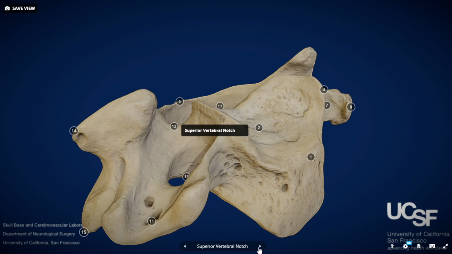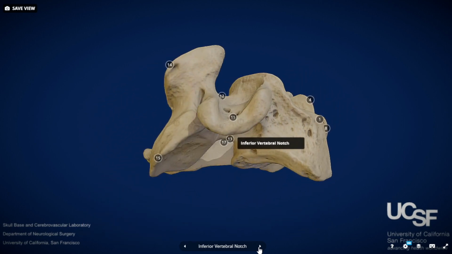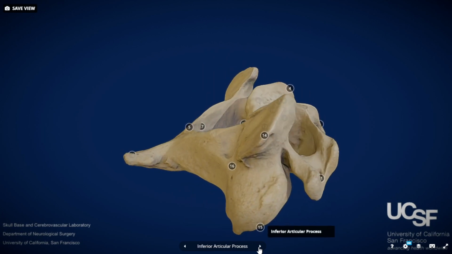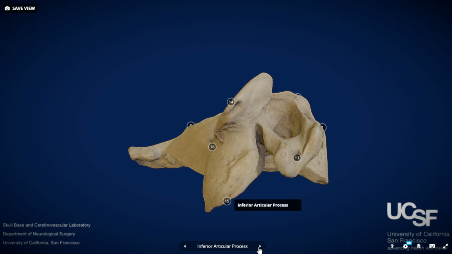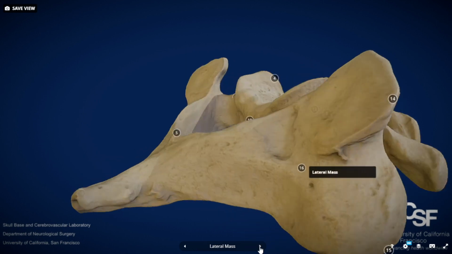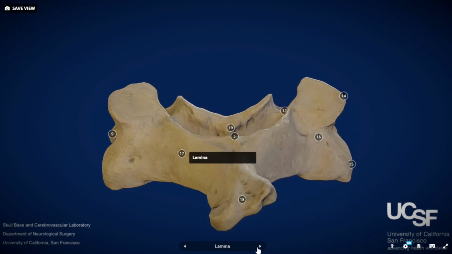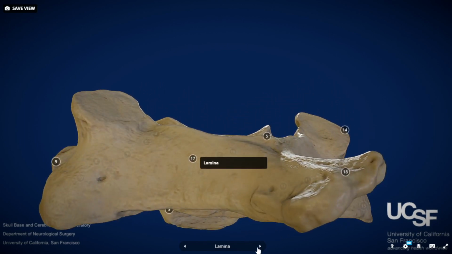Superior to the pedicle, we can identify the superior vertebral notch. Inferiorly, the inferior vertebral notch. Posterior to the pedicle, we see the superior articular process and the inferior articular process, both running from inferior and posterior to anterior and superior. In between these articular processes, there's a mass, which are both lateral masses, and posterior to the lateral mass, we can identify the lamina.